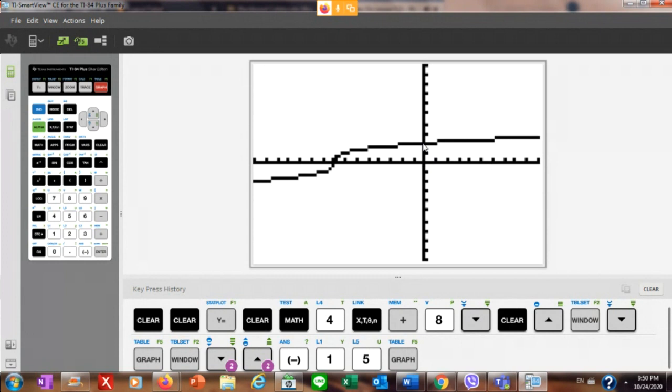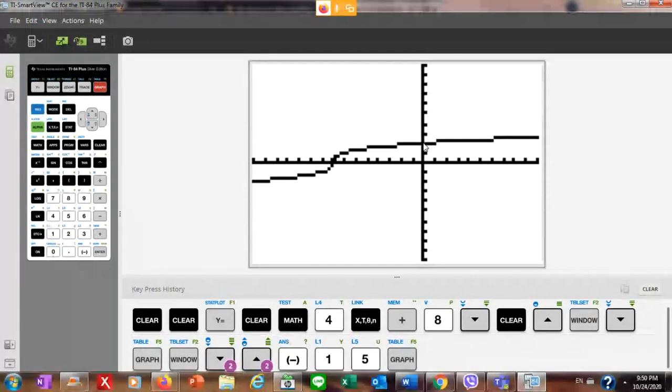So when x is 0, y is what? 2. So 0, 2. At this point we also calculated that. We've got 1, 2, 3, 4, 5, 6, 7, 8, so negative 8. When y is 0, x is negative 8. So you could draw the graph now.